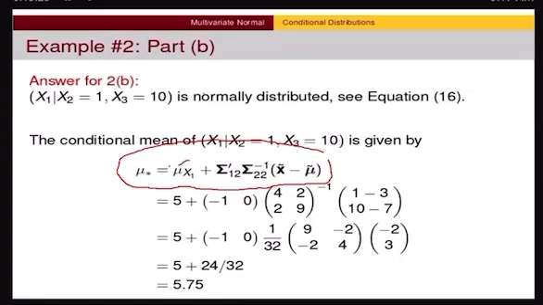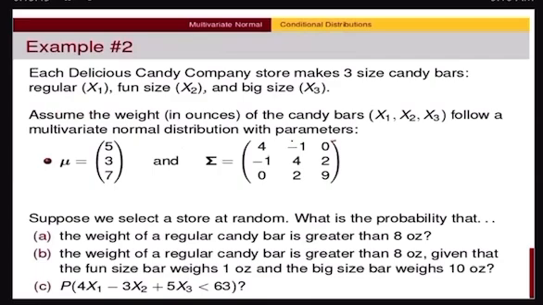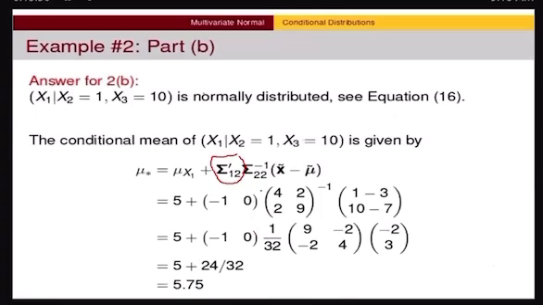Plus, you're now going to consider the covariance matrix, it's talking about just this part here, because those are the ones that have to do with X2 and X3.